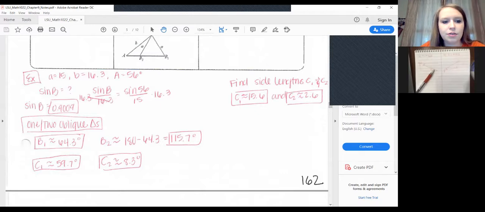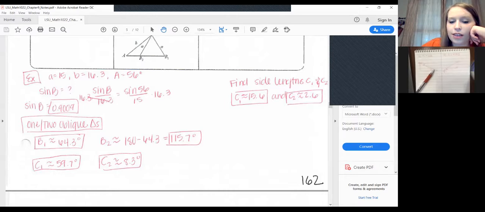This one gave us two side lengths, A and B, and then it gave us angle A. So you have to find sine of B first. Sine of B over 16.3 is equal to sine of 56 over 15, because that's sine of A over little a. We're solving for sine of B here, so I had to get rid of 16.3.